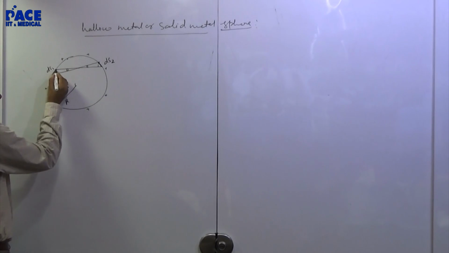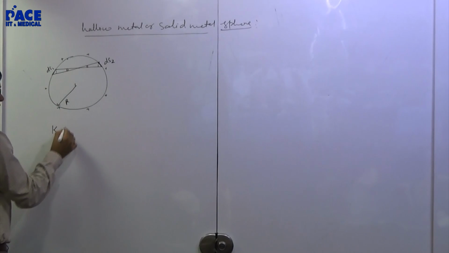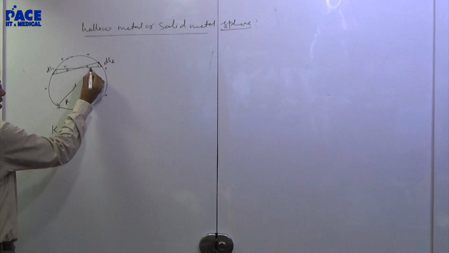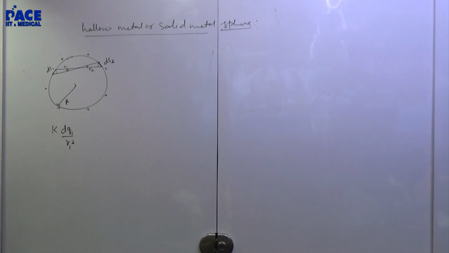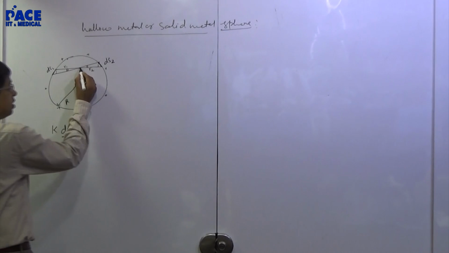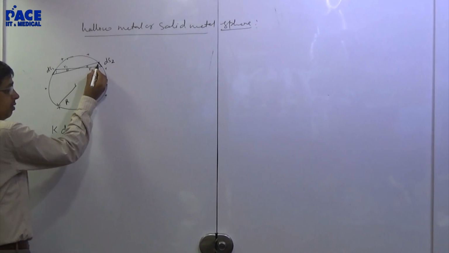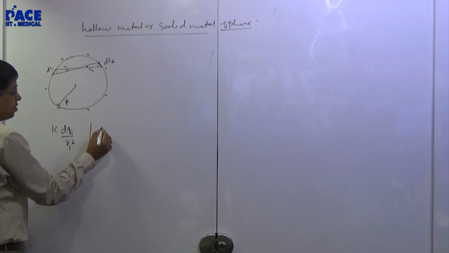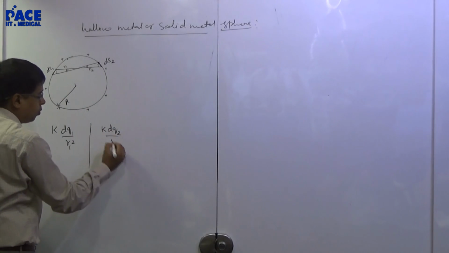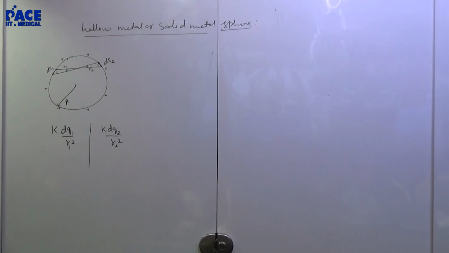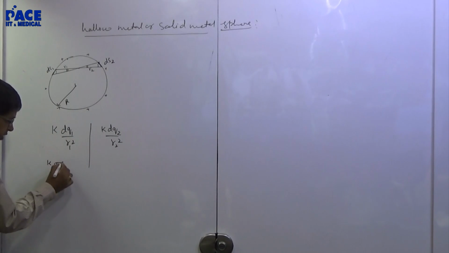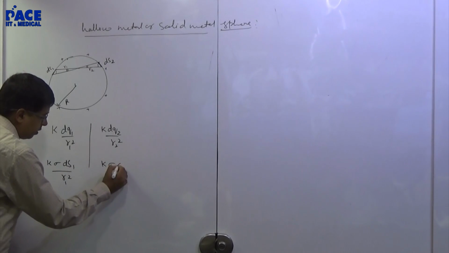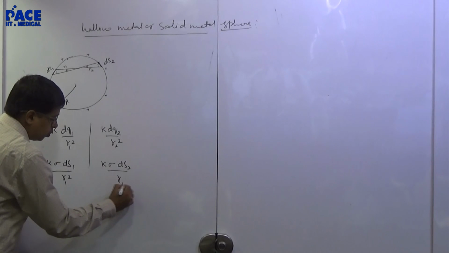Now at this point, the field because of this point charge is k dq1 by r1 square. This distance will be taken as r1, this distance will be taken as r2. Distance means I should draw a line from here to the center, right? The field because of this at this particular point is k dq2 by r2 square. dq1 will be sigma ds1 by r1 square, sigma ds2 by r2 square.